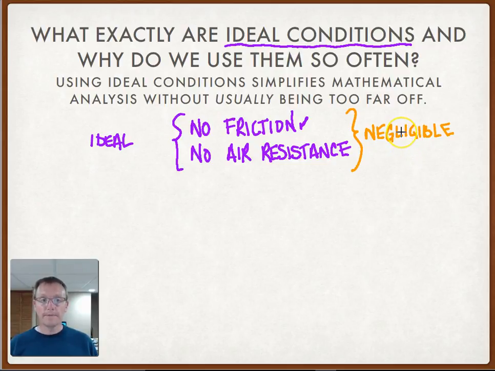So that's the idea. Part of the trick, though, is that you have to be smart about how you set up your experiment so that you can ignore friction and air resistance. Many times people try, and if they're not smart about how they do it, they really have too much friction or too much air resistance, and that causes problems in their results.